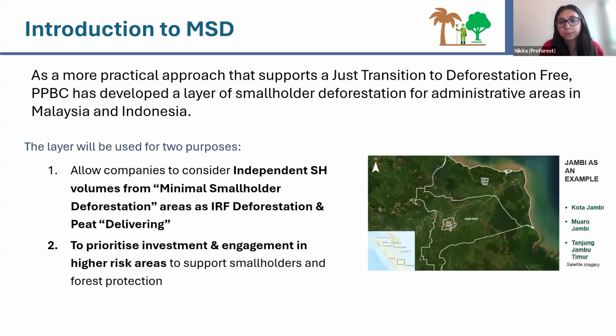And then the secondary purpose for doing this analysis is also to prioritize what to do in the areas that are classified as non-MSD. And in those areas, we'll go further after the introduction to MSD. We'll talk about what other risk mitigation measures can be done in the non-MSD areas.